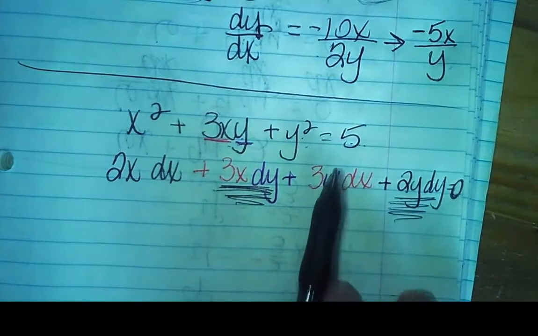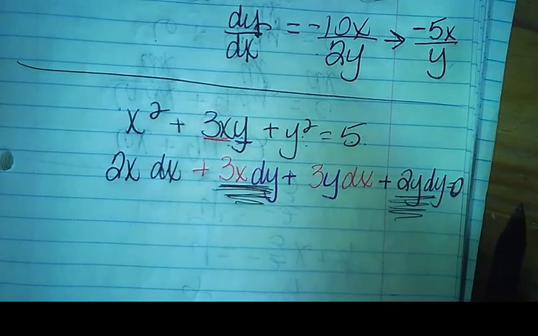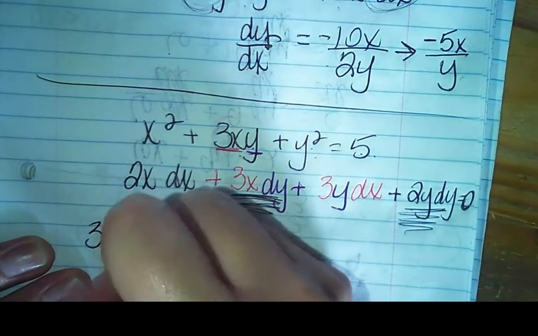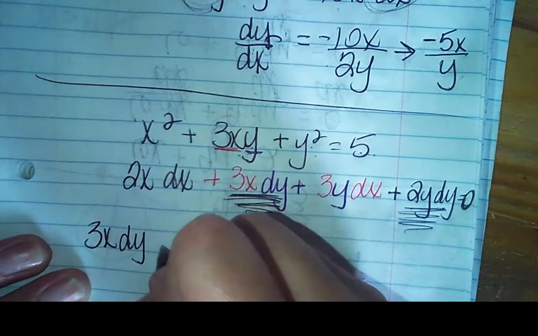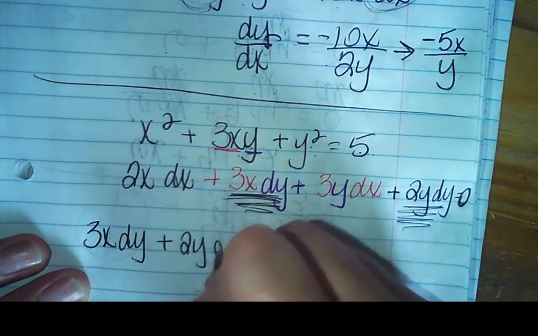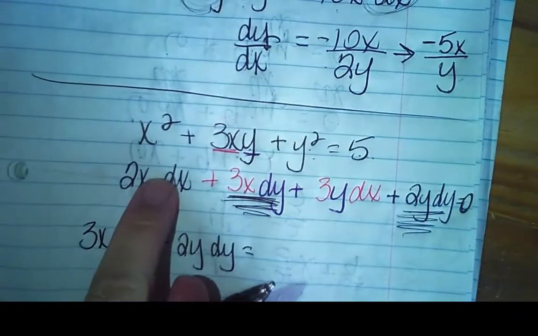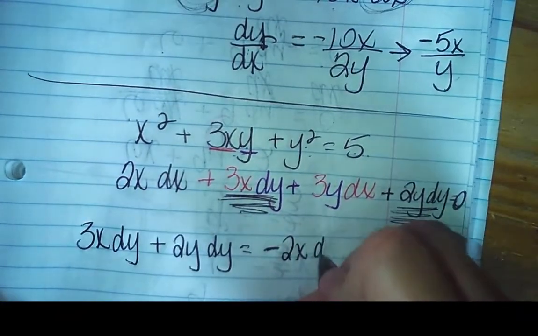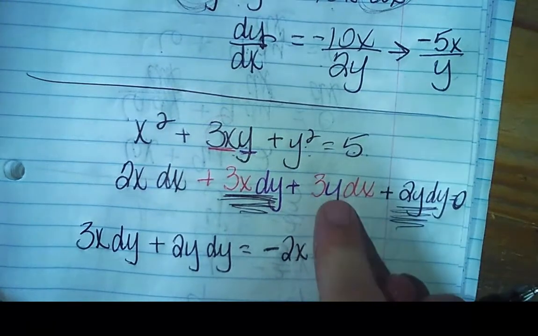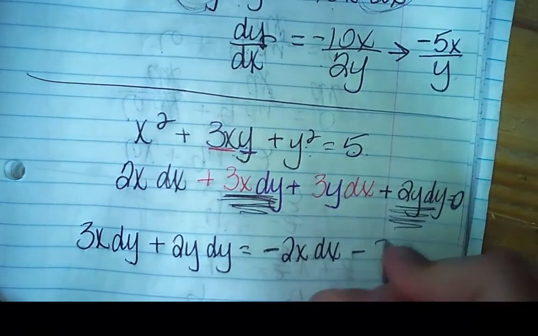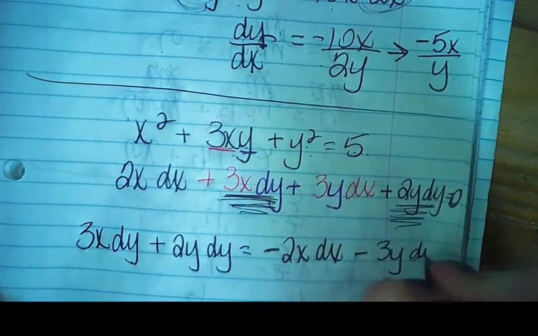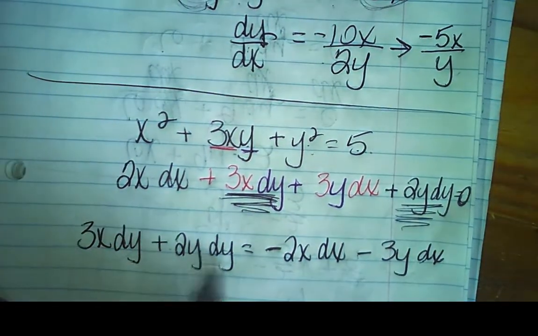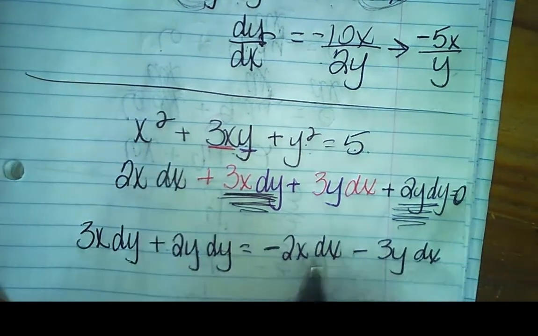Okay, so that becomes 3x dy plus 2y dy equals, subtract him over, so he changes signs. Okay? So now my dy's are on the left. My dx's are on the right.